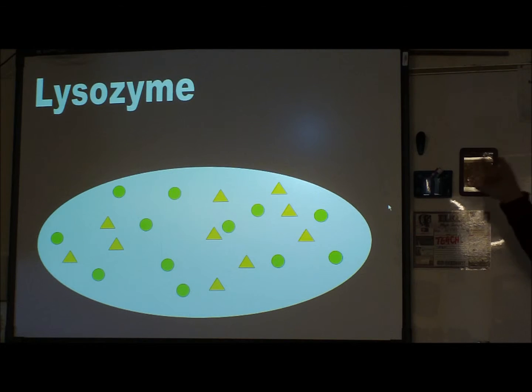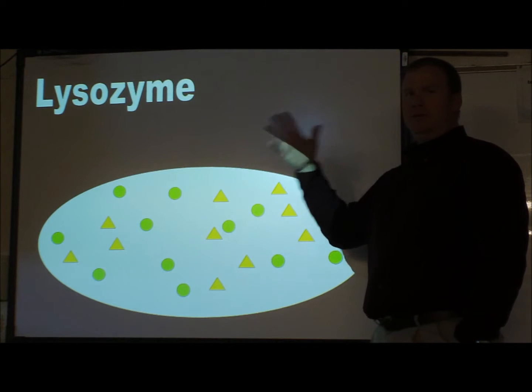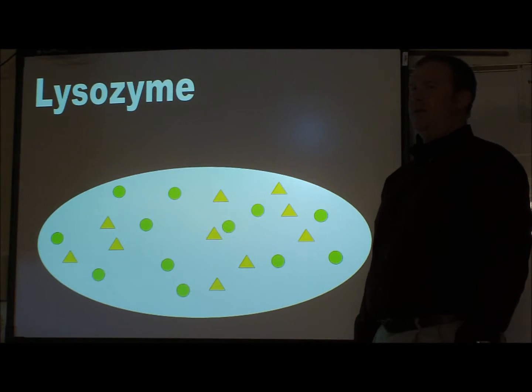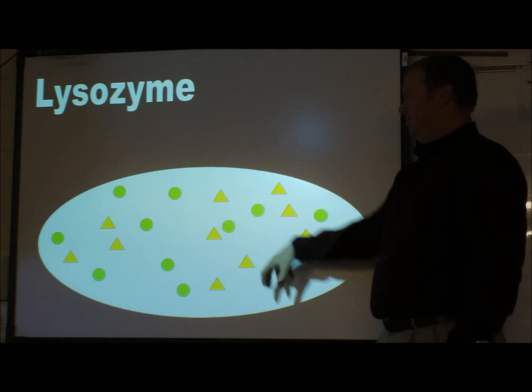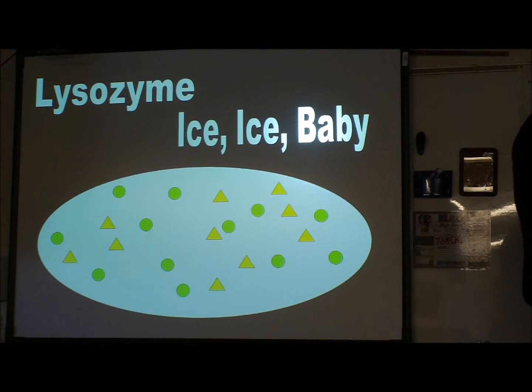Yeah. So if we take our little bacteria cell, put lysozyme in there so we can break down all that wonderful cell stuff, and let's use some ice. Let's freeze it.